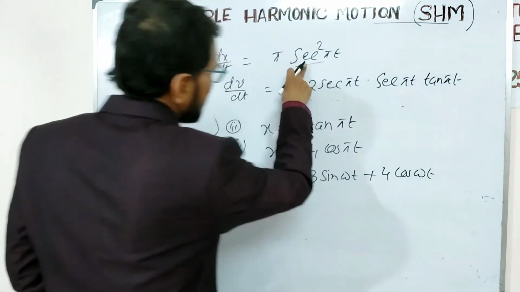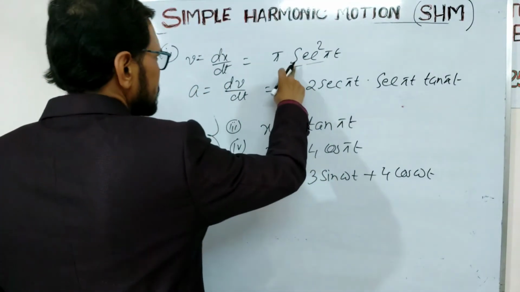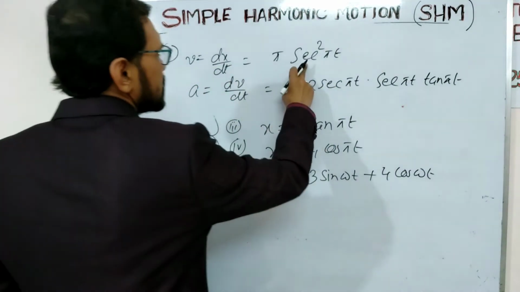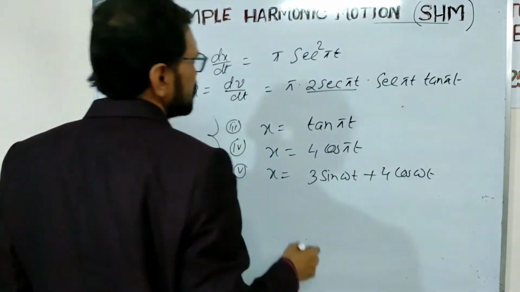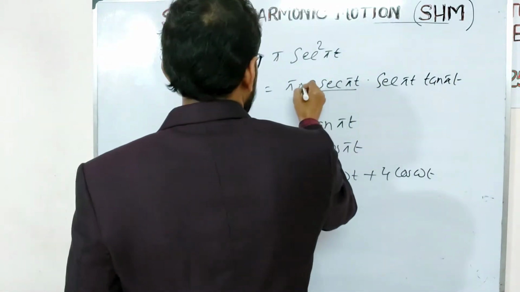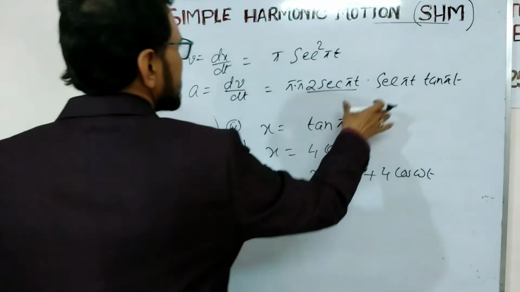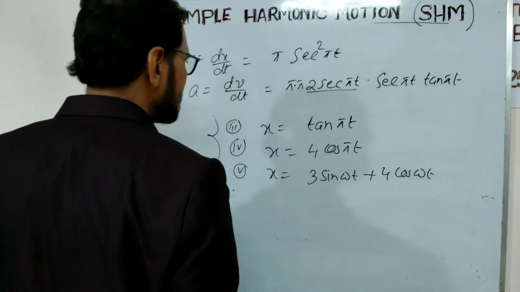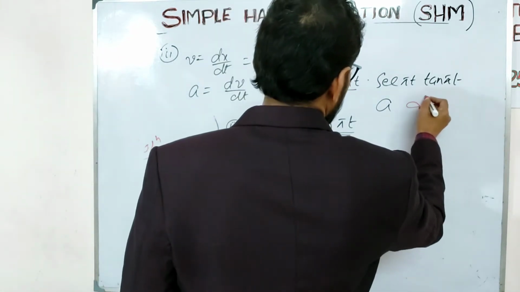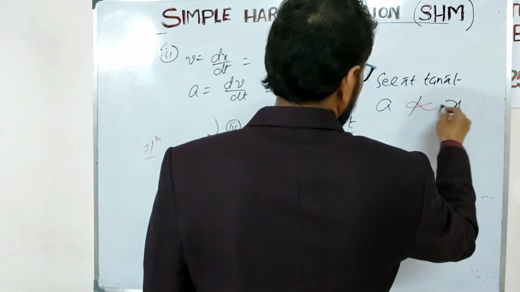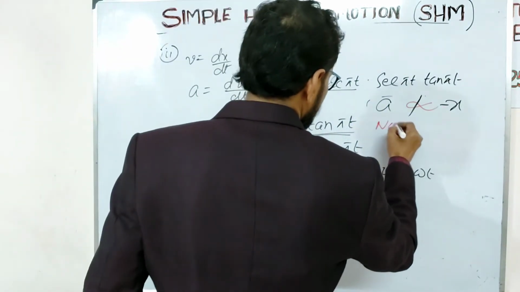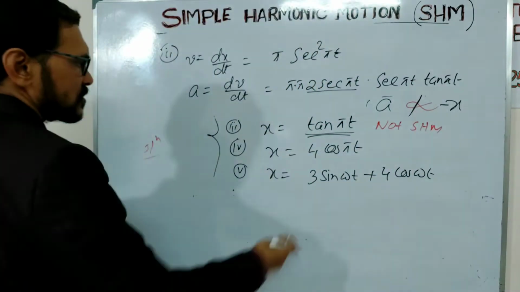By chain rule, the derivative of sec theta is sec theta tan theta, into pi again. So this is the acceleration. We cannot express it in terms of x here, where x equals tan pi t. So a is not proportional to minus x. So this is not SHM.